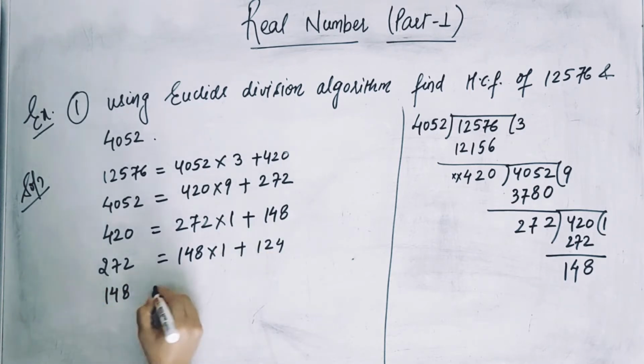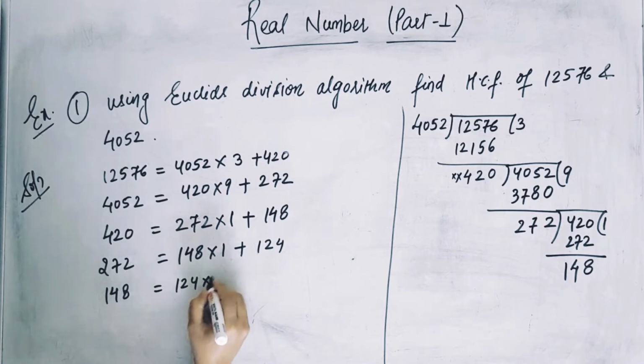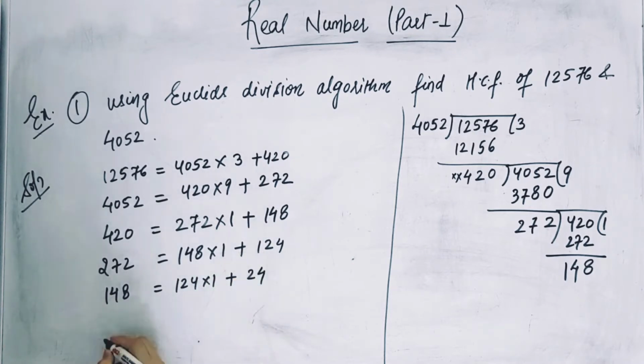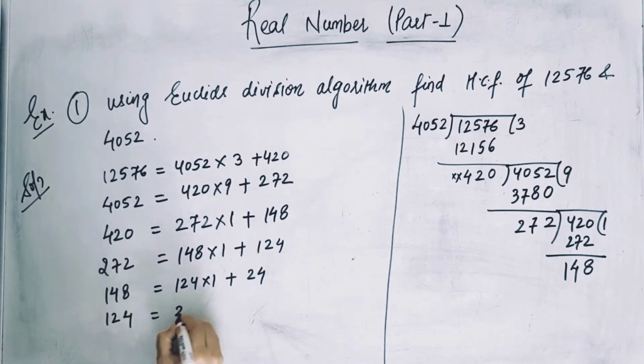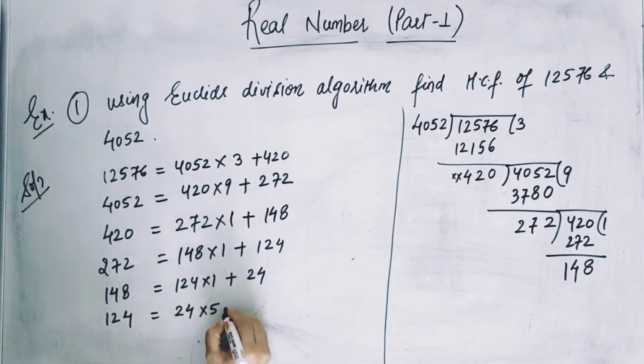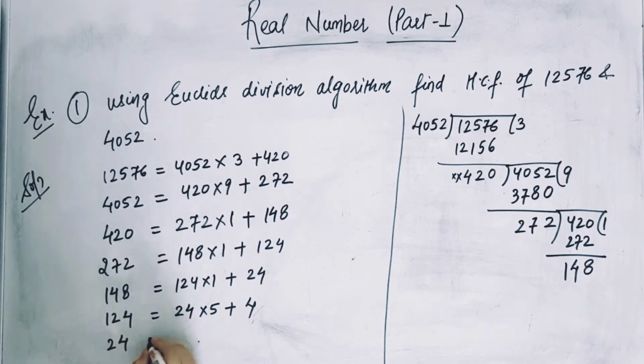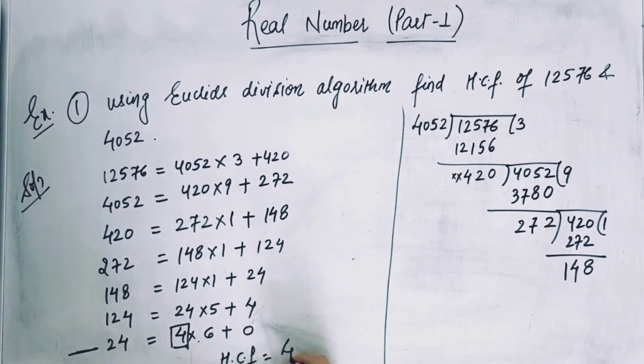Then 148 will be 124 into 1 plus 24. Then 124 will be 24 into 5 plus 4. Then this 24 will be 4 into 6 plus 0. So this 4 is the divisor in the last step. So this is known as the HCF. So the HCF is 4.